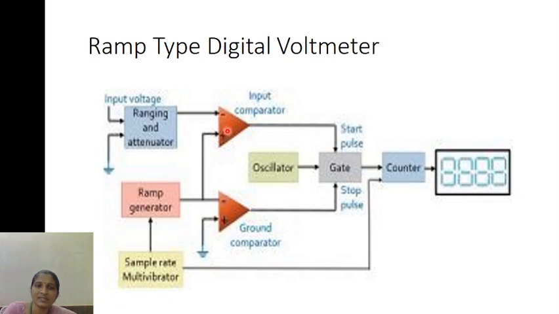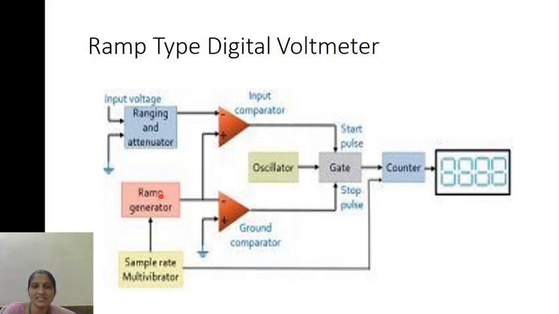For the input comparator, one input is coming from the ranging and attenuator, and the other input is coming from the ramp generator. For this ramp generator, you can use a positive going signal or a negative going signal. Here I am discussing the negative going signal.